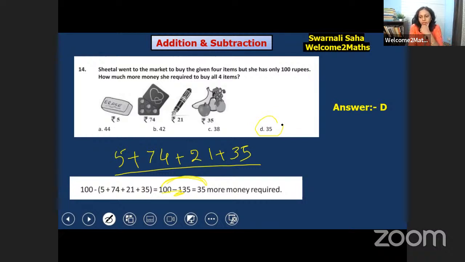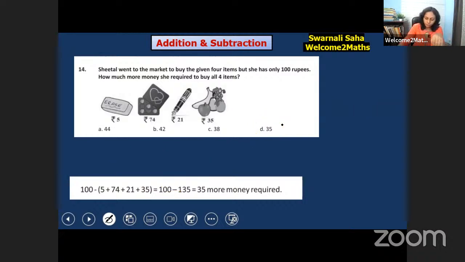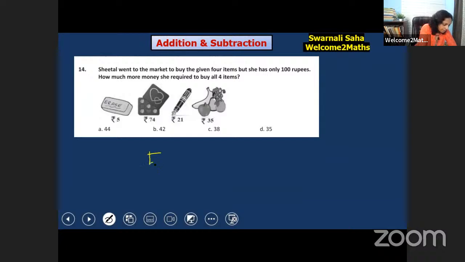Very good. So wanna try solve more questions? Five plus 74 plus 21 plus 35.